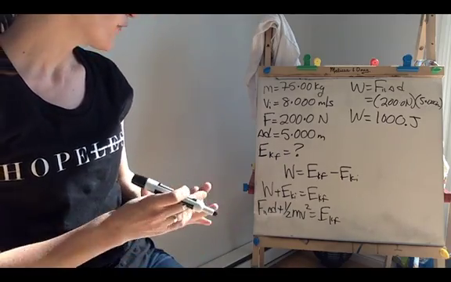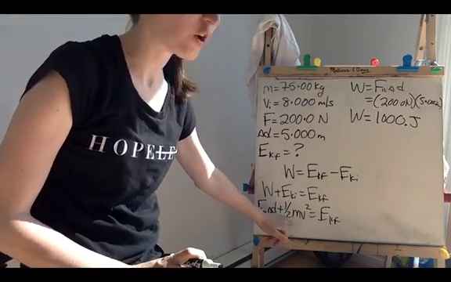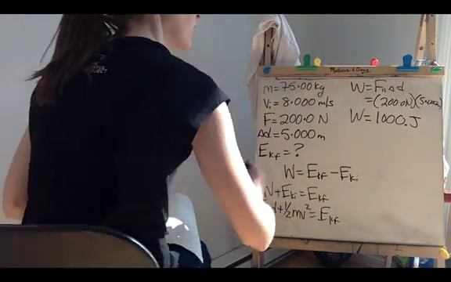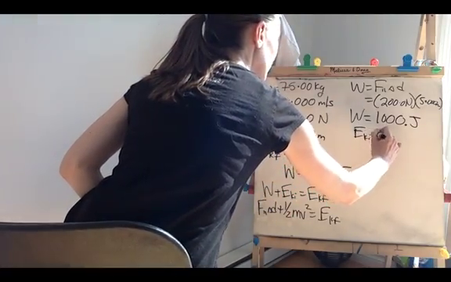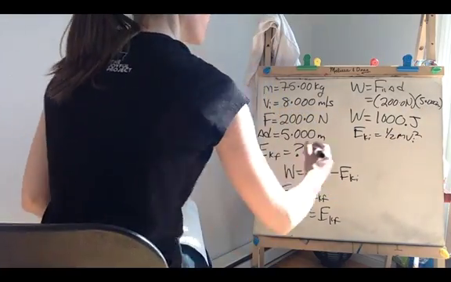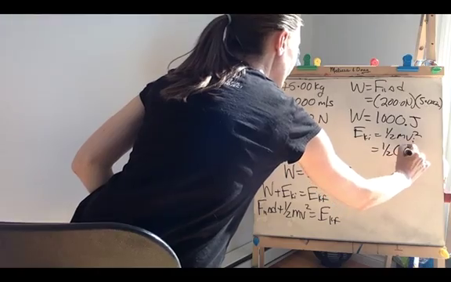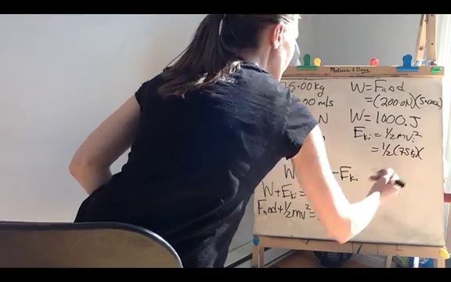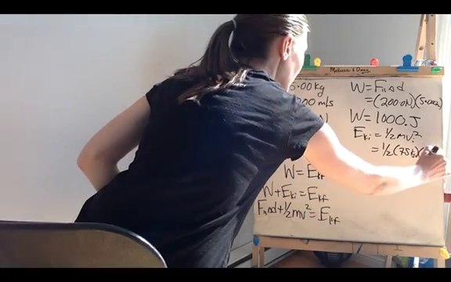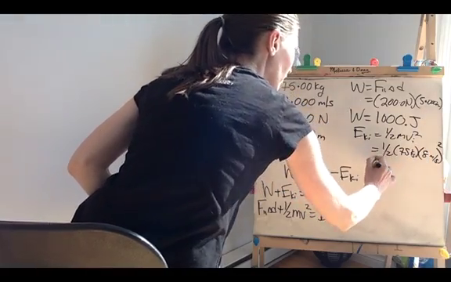Now, we can also figure out what our EKI is because we also have information about mass and the initial velocity. So our EKI, which is 1/2 times mass times velocity initial squared, is going to equal 1/2 times our 75 kilograms, and I'm just dropping the decimals because I don't have space on the board, multiplied by our 8 meters per second squared.